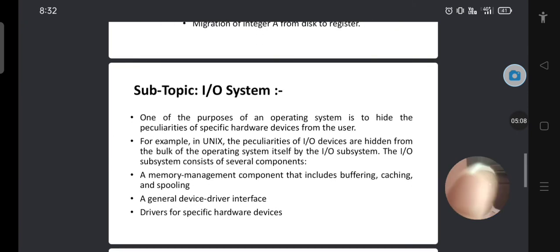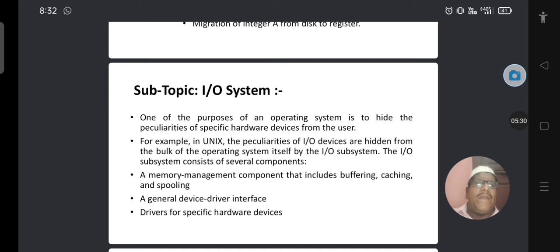Next, the I/O systems. One of the purposes of an operating system is to hide the peculiarities of specific hardware devices from the user. Peculiarities means unique, individual features.